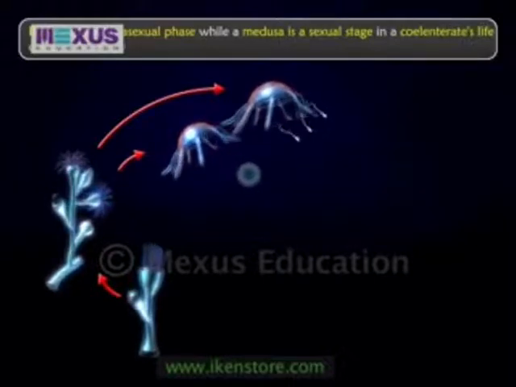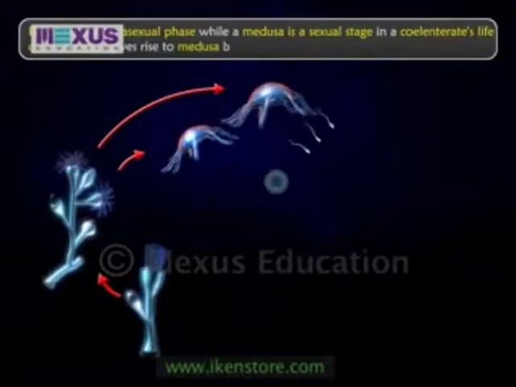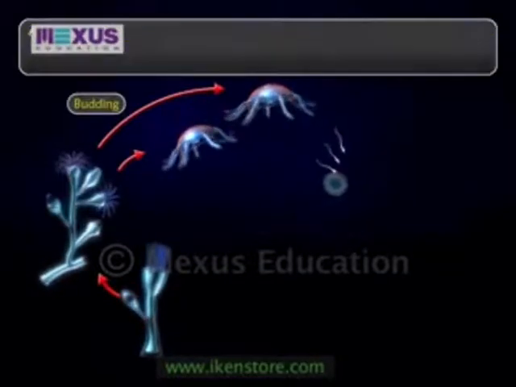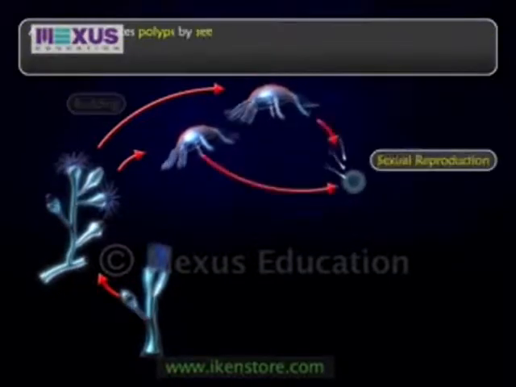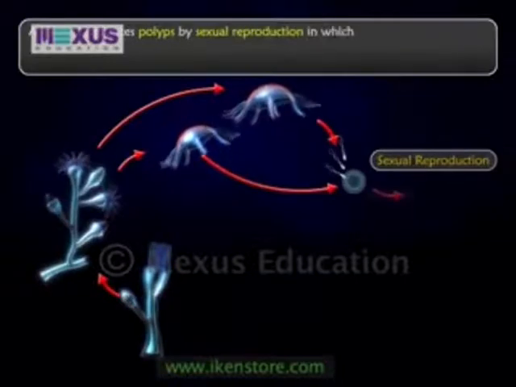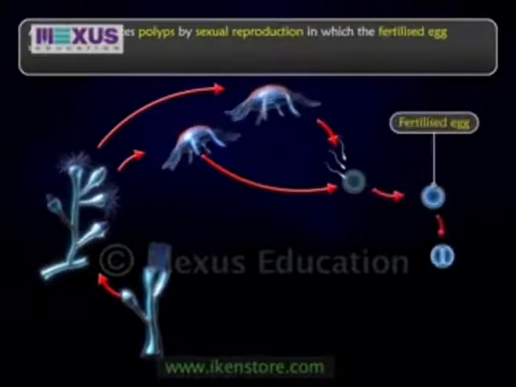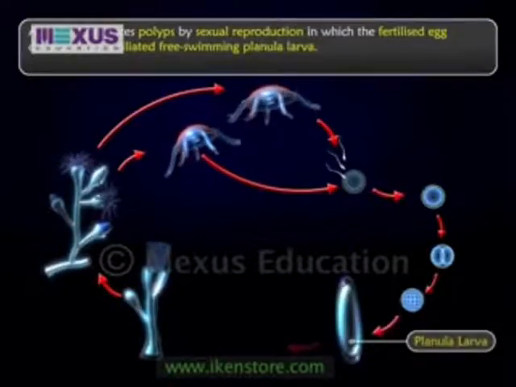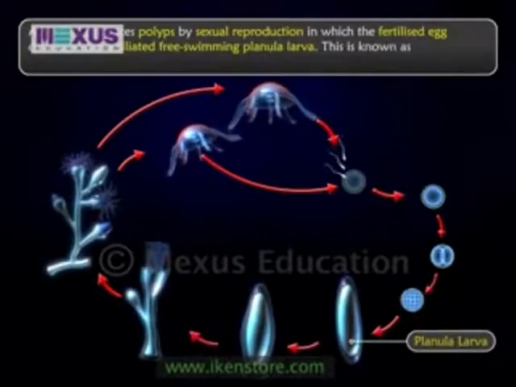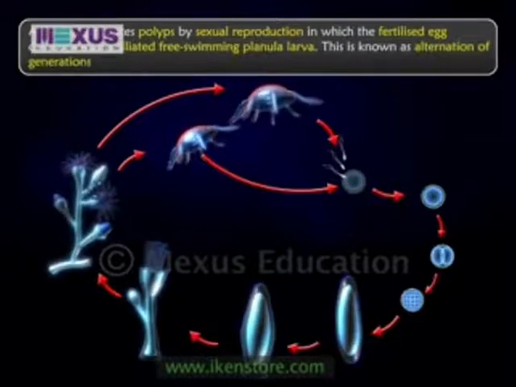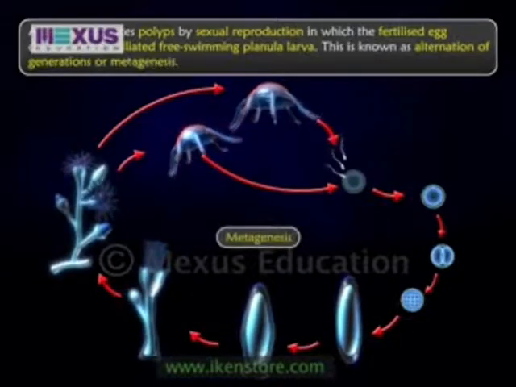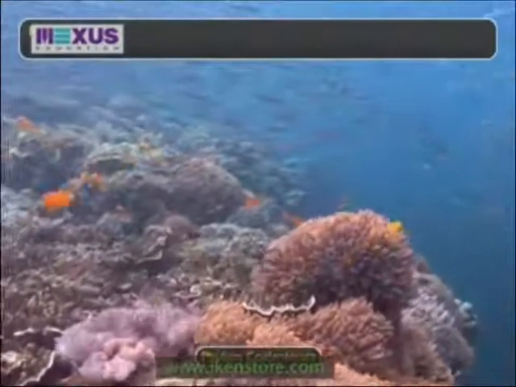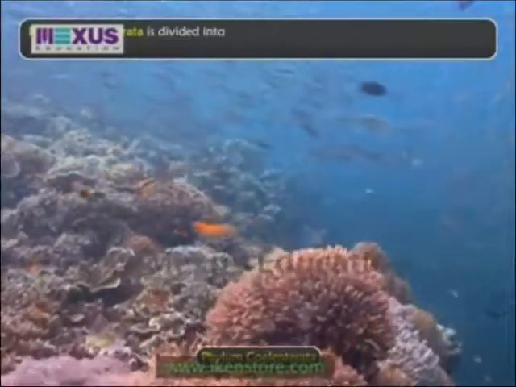It may be by gametes or by the asexual method, that is budding. In the life cycle of cnidarians we find metagenesis, meaning they form a larva and then the adult stage.